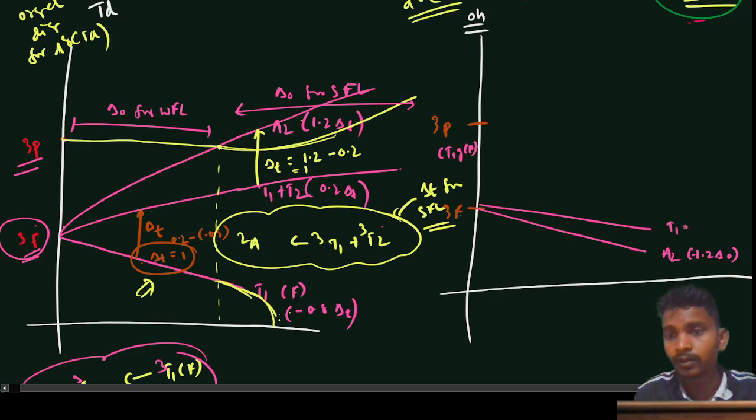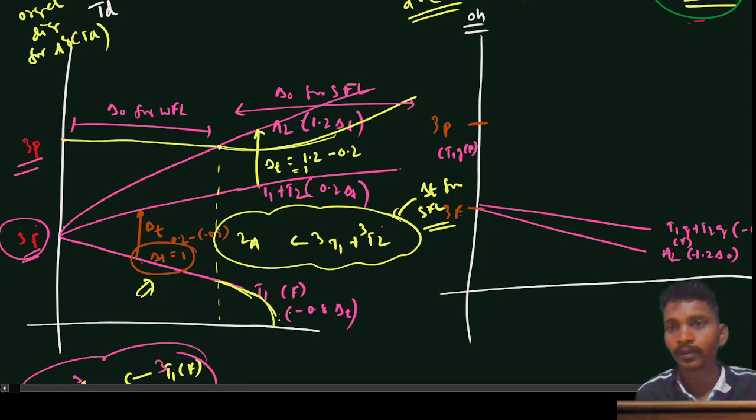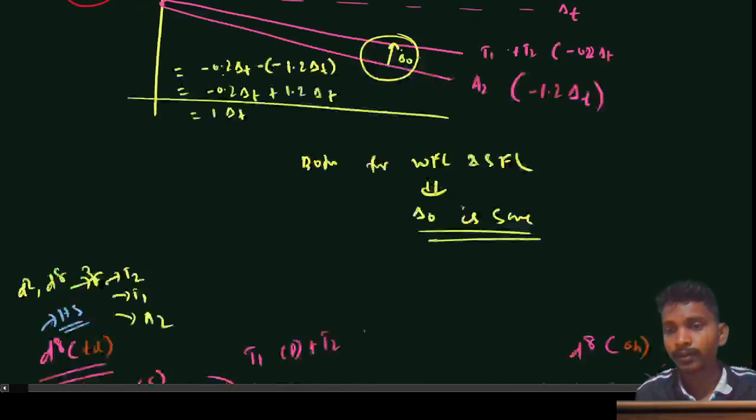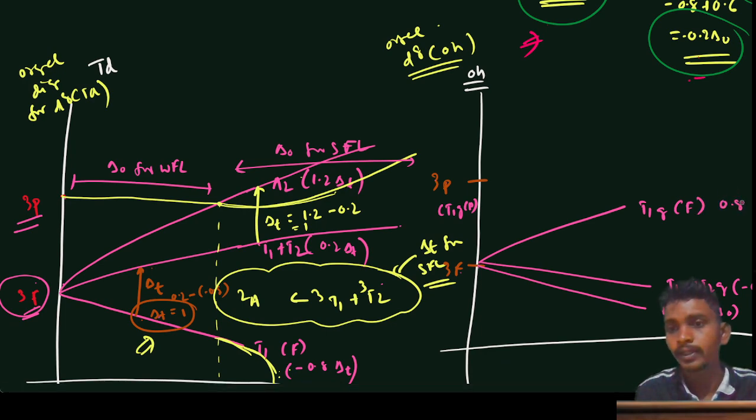So T1G plus T2G, and this is F, and this is going to give minus 0.2 delta knots. And T1GF is going above, so T1GF is going to get 0.8 delta knots.